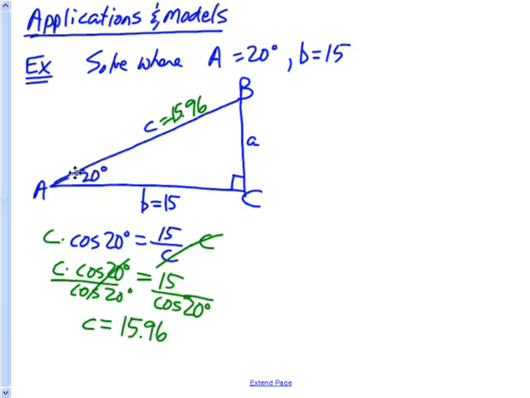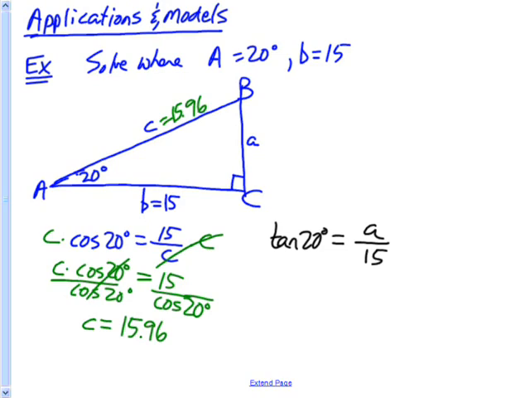Well, let's go ahead and use A, and find side length lowercase a, that side opposite. So I say, let's use the old sine. No, you know what, let me try the old tangent. Let's involve the lowercase b again. So tangent of 20 degrees is opposite over the adjacent, which is 15.